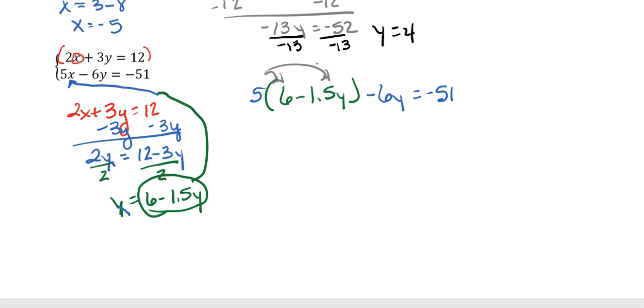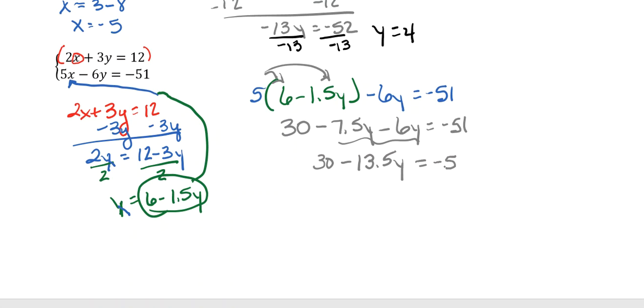Distributive property. 5 times 6 is 30. 5 times 1.5 is 7.5. And yeah, we're going to get some more decimals, but it's okay. We have our handy dandy calculator to help us out. So I'm going to go ahead and move my 30 over by subtracting it.